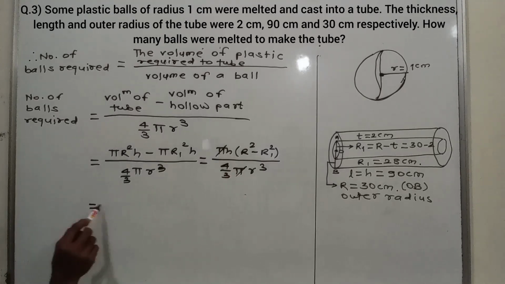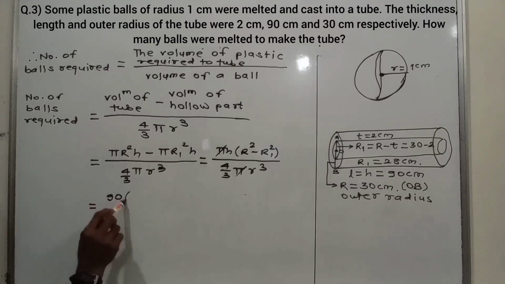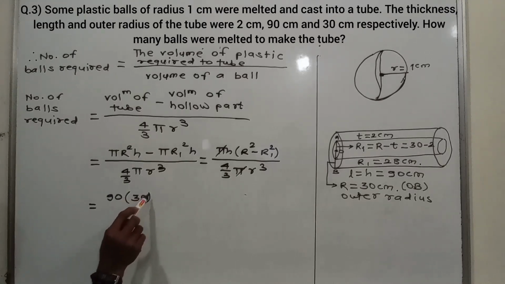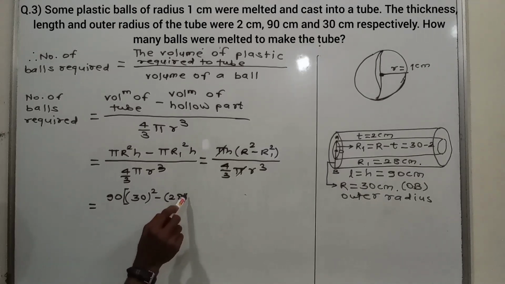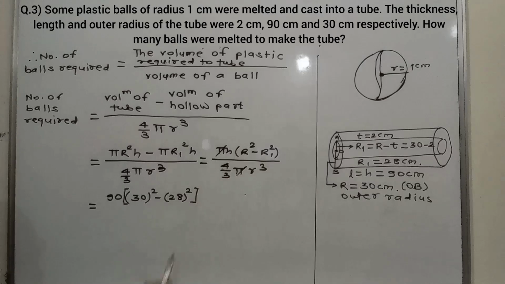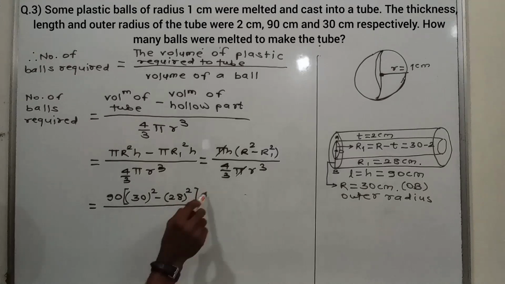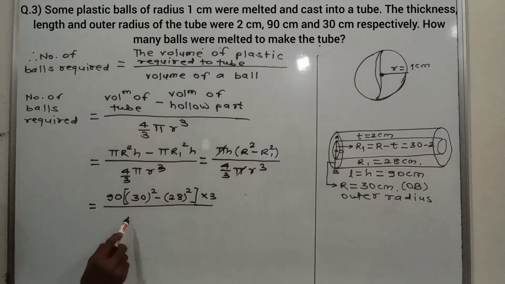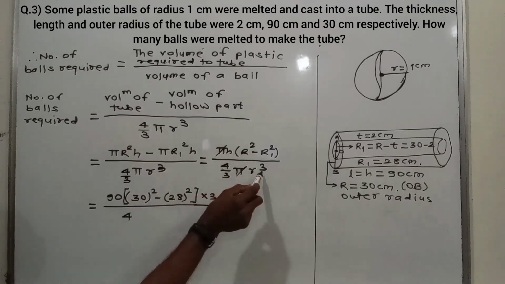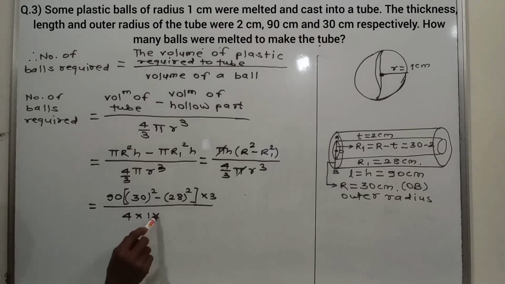Now we put values. h is 90, bracket capital R square 30 square minus 28 square R1, upon 3 we take at numerator, and in the denominator 4 into 1 into 1 into 1 cube.